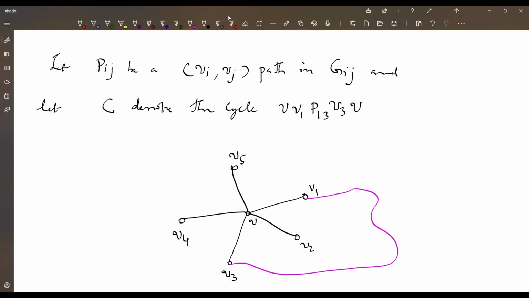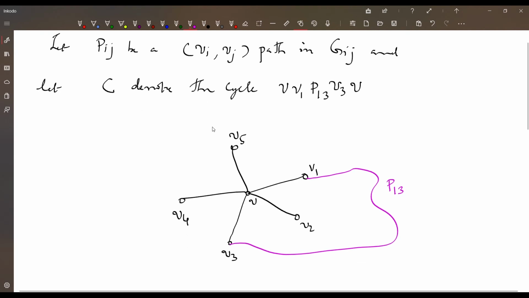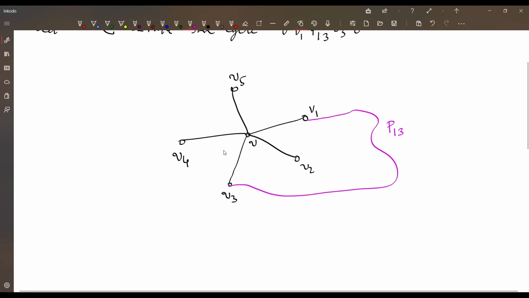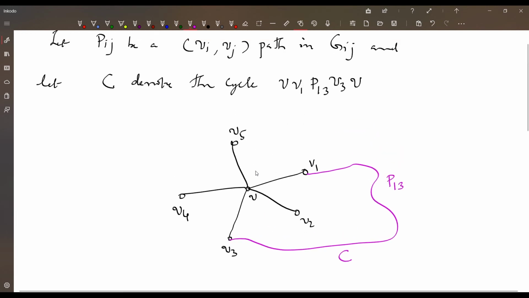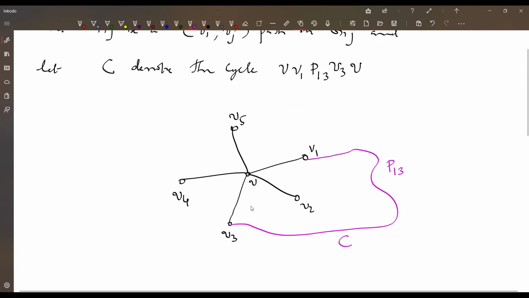So this is the path P13, and this is the cycle V, V1, P13, V3, V. This is the cycle C. So from this you can see that C separates V2 and V4, because V2 belongs to the interior of C and V4 belongs to the exterior of C.